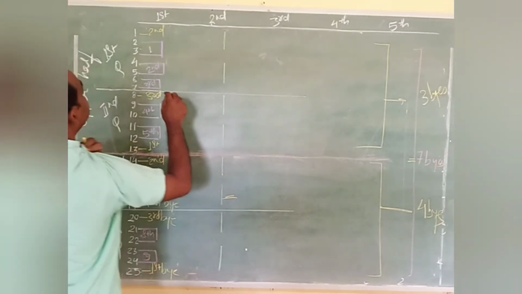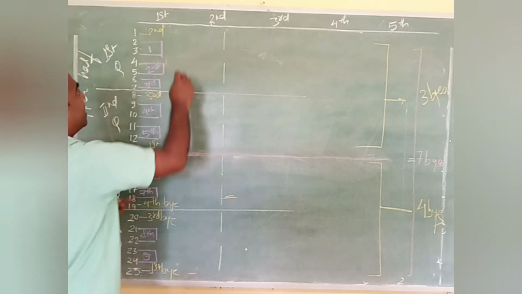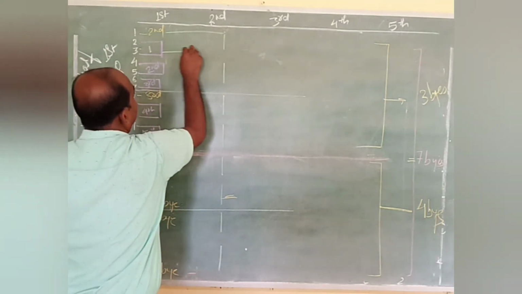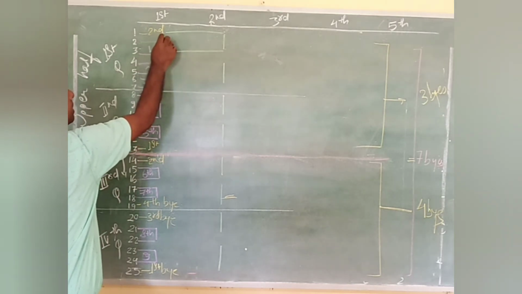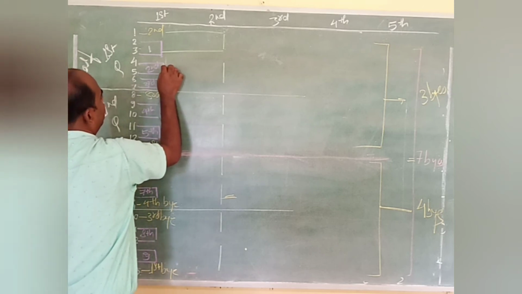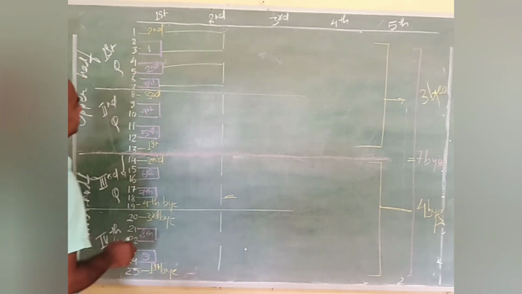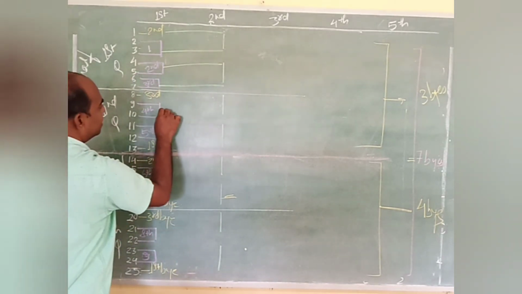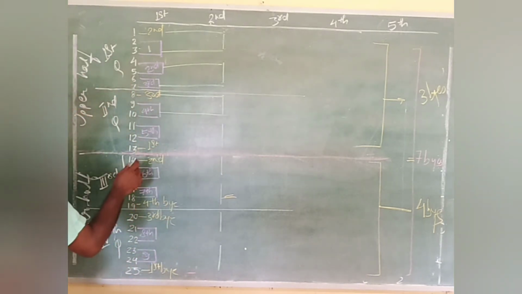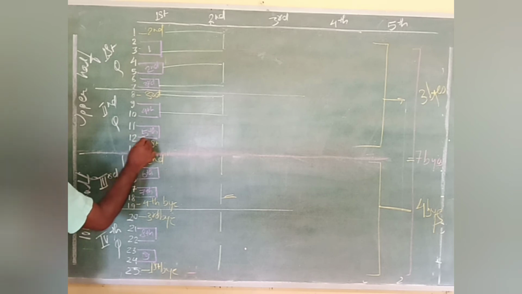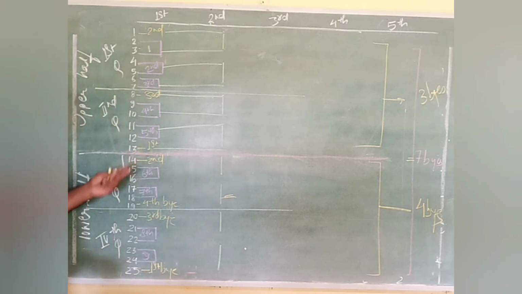The first team got the bye, so the first team is going to play directly in the second round. Winner of 2-3 is playing with number 1 team. Then the winner of 4-5 and the winner of 6 and 7 are playing here. Winner of 9-10 is playing with number 8 team who got the bye. Winner of 11 and 12 and the 13th number team.